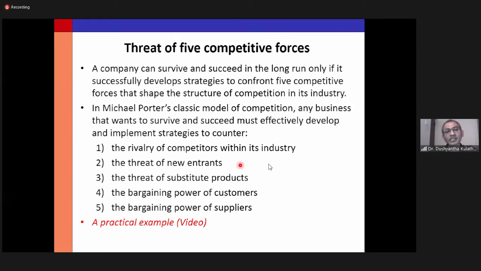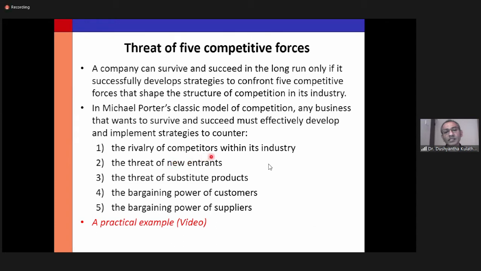The rivalry is there. If you consider the retail industry, the rivalry of competition will be there. There will be many retailers selling the same or similar products. As for the threat of new entrants, entering the retail industry is not that difficult.